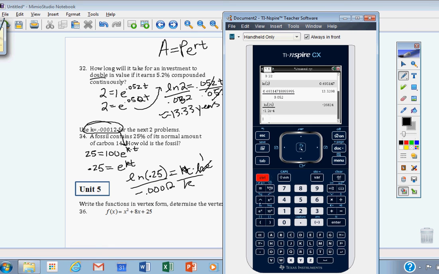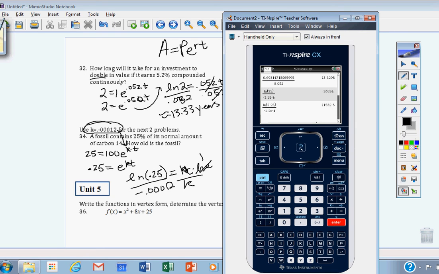So here we go again. Natural log 0.25. And then we're going to divide that by negative 0.00012. Okay, there we are. So it looks like 11,500.